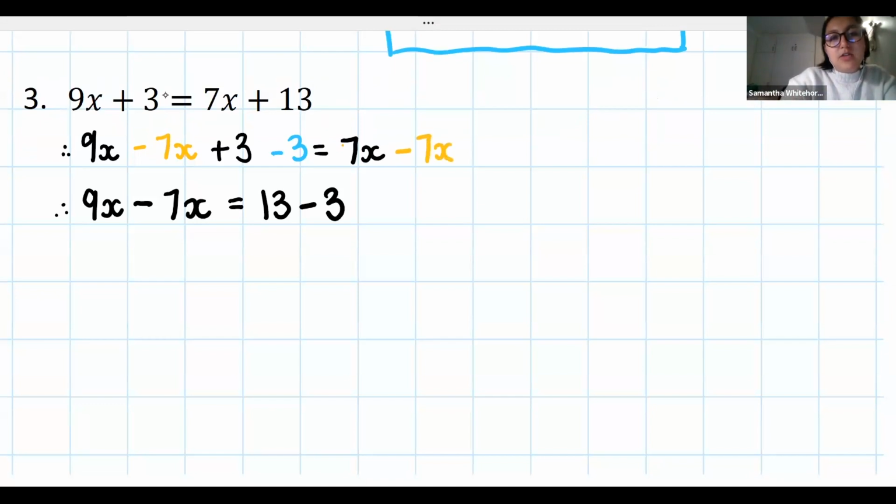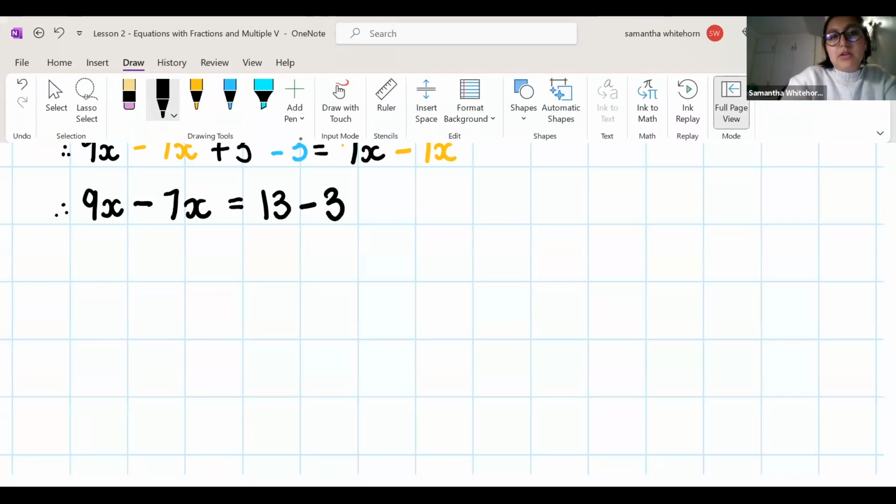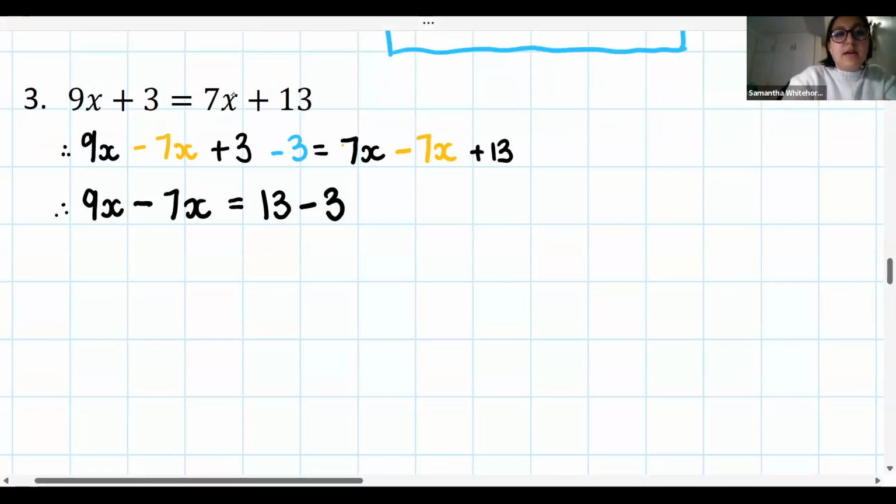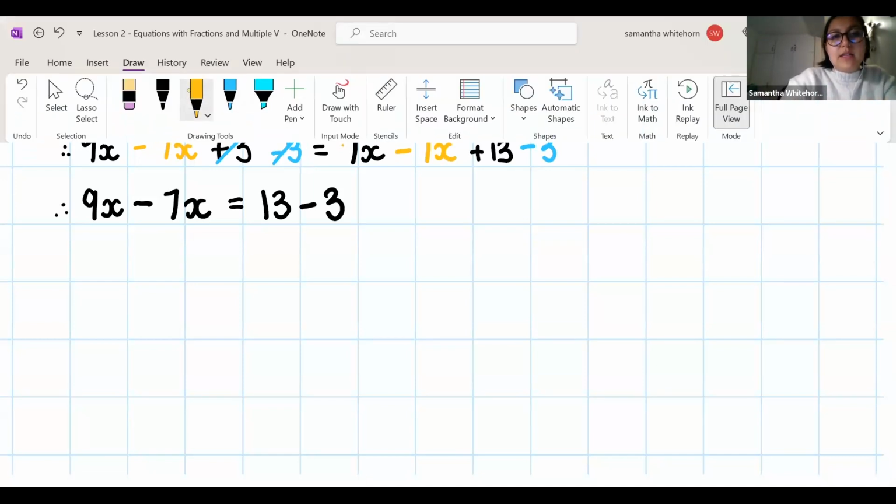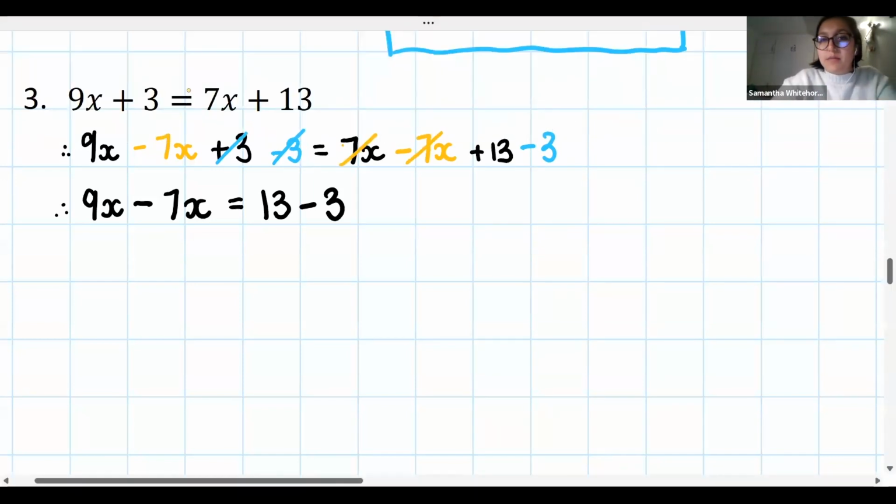7x minus the 7x, because remember, I wanted to bring it over, plus the 13, and because I subtracted 3 on the left-hand side, I need to subtract 3 on the right-hand side. What we can see now is that the plus 3 minus 3 becomes 0, as well as the 7x minus 7x becomes 0.